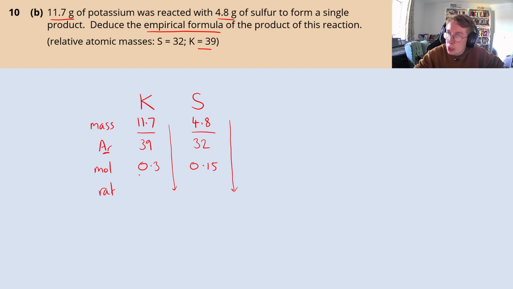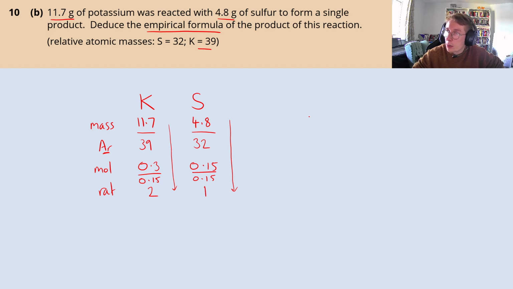But if you're not sure, just take both of these numbers and divide them by the smaller number. So 0.15 is smaller than 0.3. If we do 0.3 divided by 0.15, we get an answer of 2. And if we do 0.15 over 0.15, we get 1.